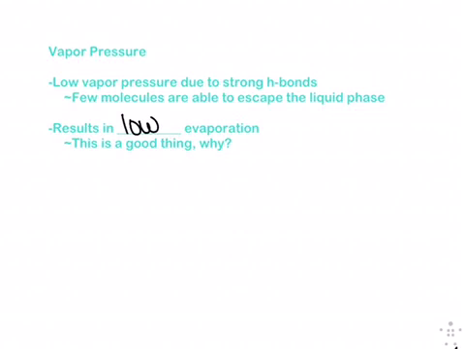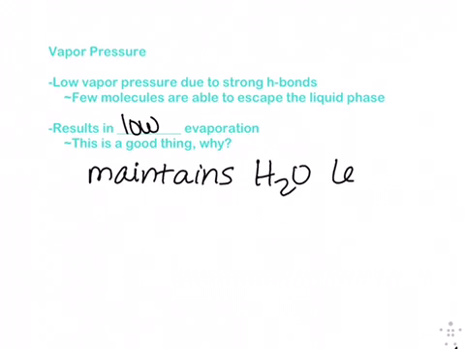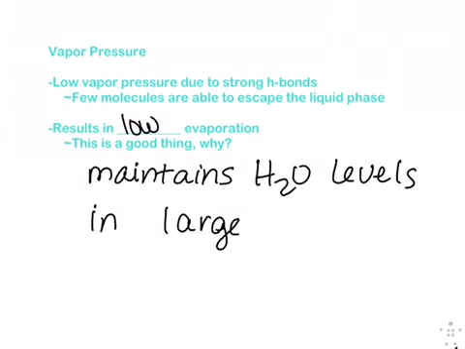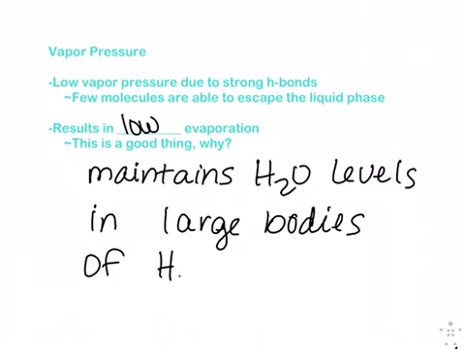This is a good thing because otherwise your larger bodies of water would evaporate away quickly. So this is good because it maintains water levels in large bodies of water. So like your lakes, your rivers, your streams, your oceans.